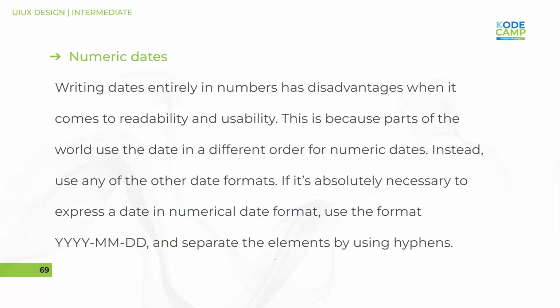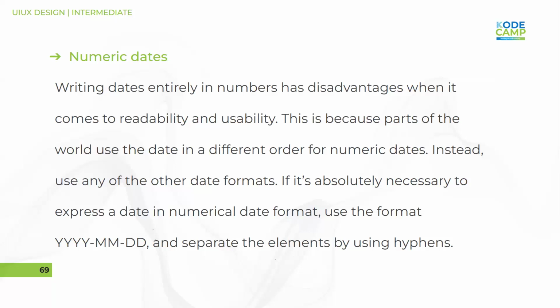So numerical dates. Writing dates entirely in numbers has disadvantages when it comes to readability and usability. This is because parts of the world use a different order for numeric dates. So instead, use any other date format.